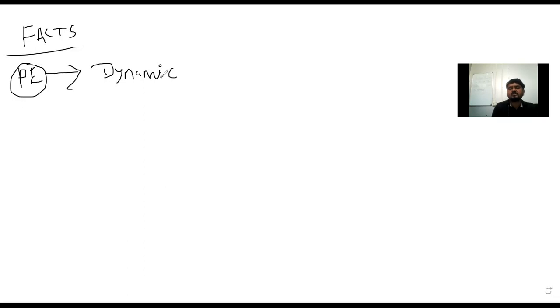How are they static? The SCR and the switching devices we are going to use. Is there any rotating part here? No, we are not going to use any rotating or moving parts. So the FACTS devices are equally static and dynamic. There is no rotating part or moving part in this one. For that reason, this is static.